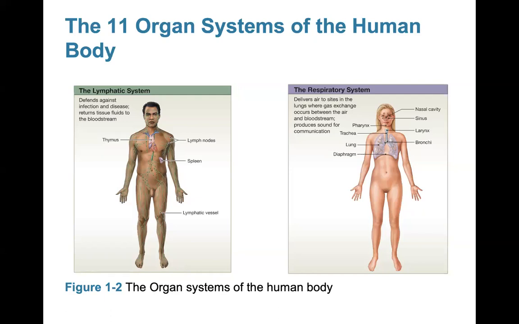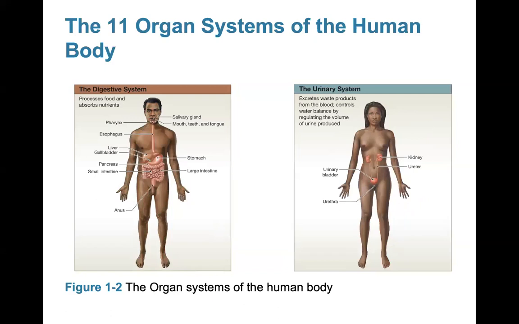This produces sound for communication. And the respiratory system will include your nose, the pharynx, larynx, trachea, the bronchial tree, and then your lungs, as well as some muscles such as the diaphragm.